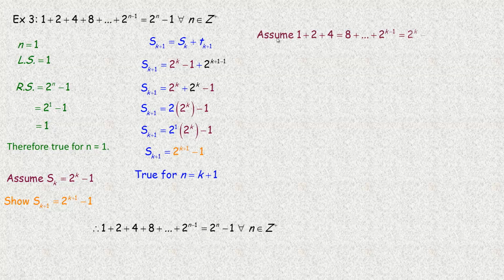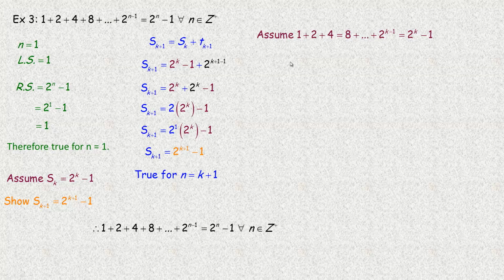I forgot about that. So this is the induction hypothesis. Instead of S k equals 2 to the k minus 1, we would assume that this is true for some arbitrary integer k. So 1 plus 2 plus 4 plus 8 up to 2 to the k minus 1 is equal to 2 to the k minus 1. So that's our induction hypothesis if you want to write out the whole series.